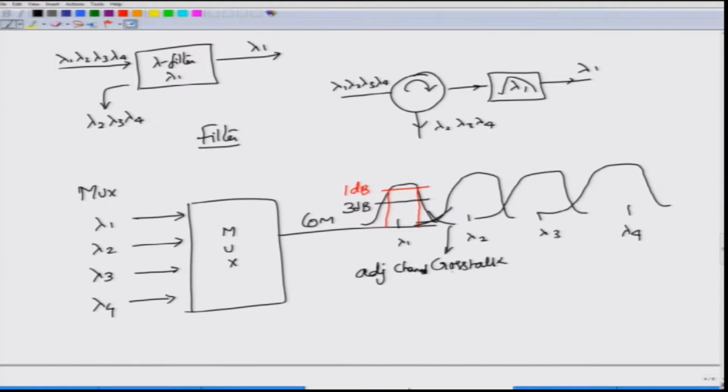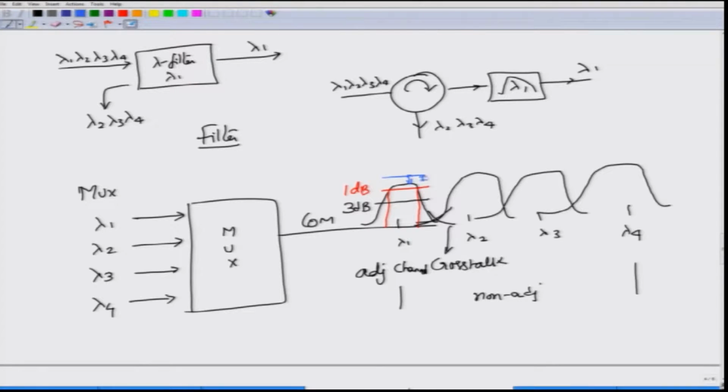Sometimes you will also see non-adjacent channel crosstalk. Non-adjacent channels are those which are not beside each other, they are lying far away from each other.